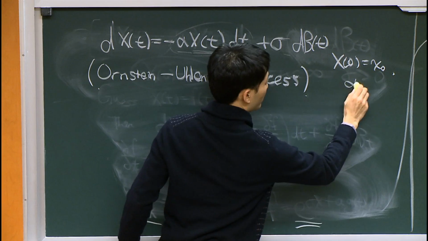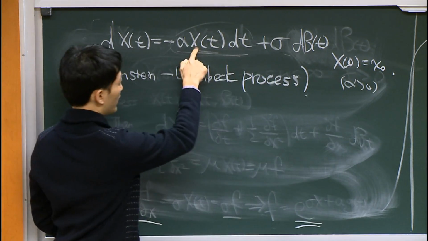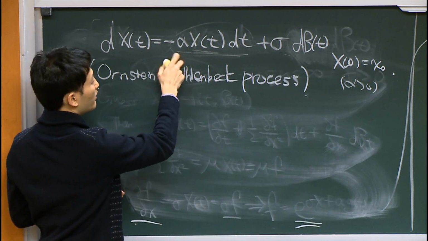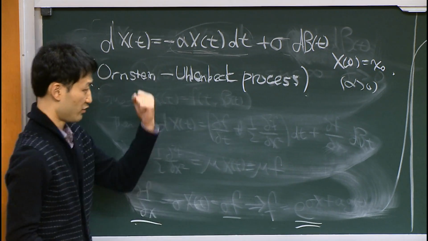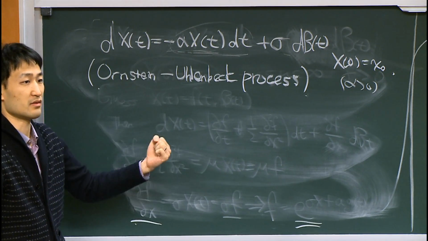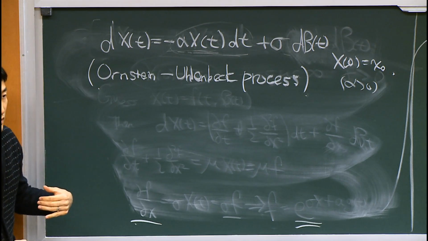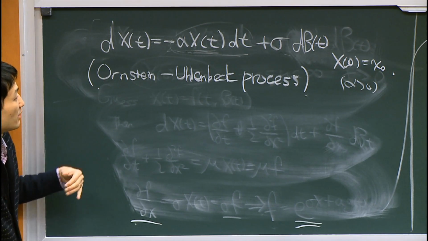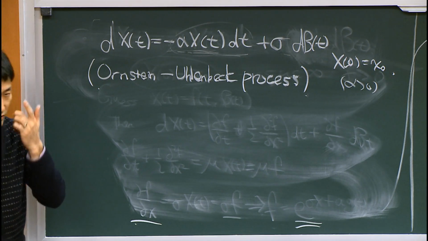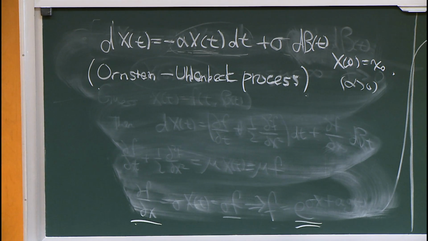For alpha greater than 0, notice that if x deviates from 0, this gives a force that drives the stochastic process back to 0. Okay? It's negatively proportional to your current value. So yeah, this is used to model some mean reverting stochastic processes.